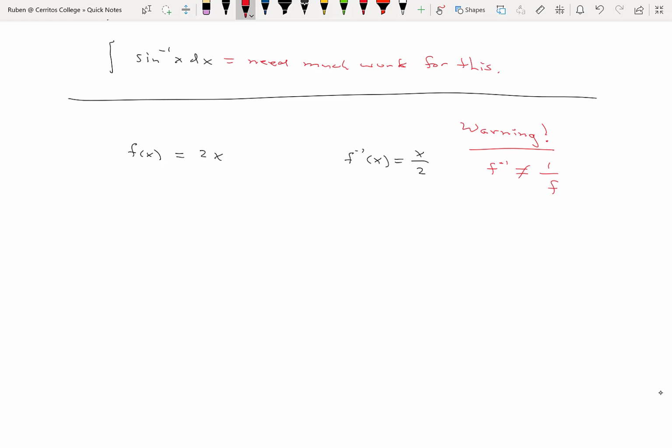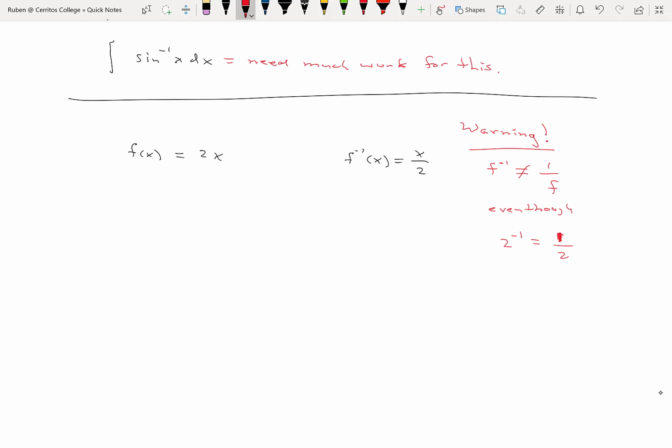The superscript in function notation does not mean reciprocal, even though 2 to the -1 equals 1/2. We're using this -1 superscript as an exponent and -1 superscript as inverse to mean very, very different things.